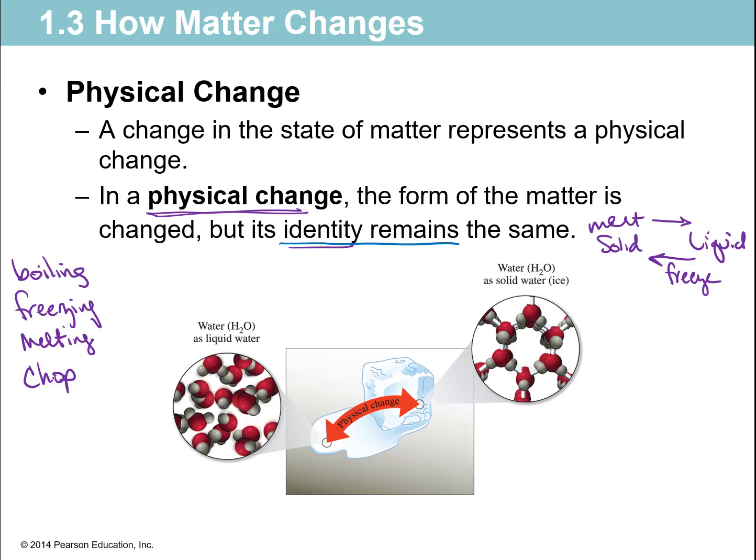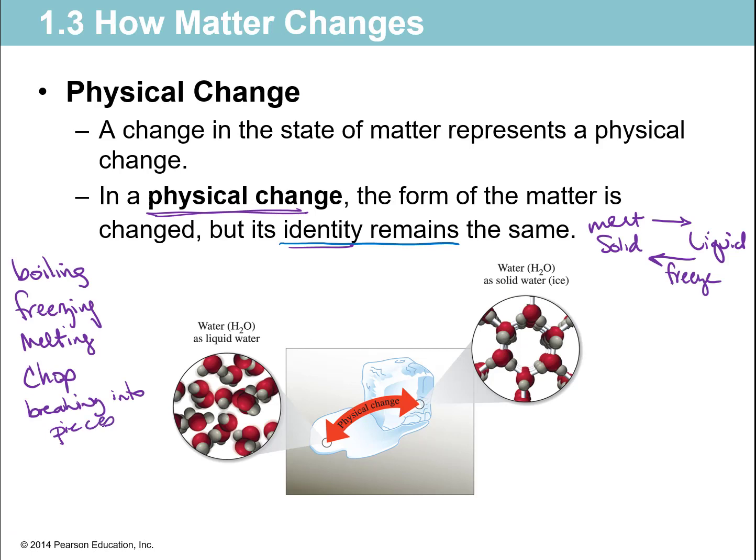I'm just making it a little easier to eat. So chopping things, breaking things into pieces, all good examples of physical changes.